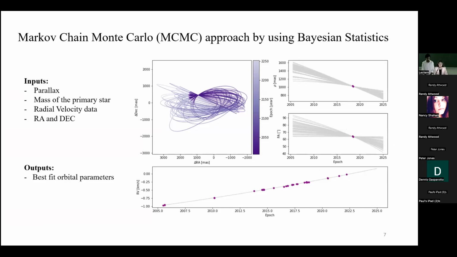This code uses Bayesian statistics, which uses parallax, mass of the primary star, radial velocity, and the RA-DEC that we got from the last image. And by inputting these into our code, we were able to find these parameters.